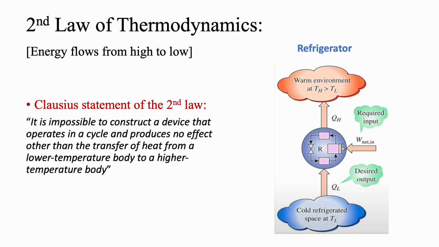In order to maintain a cold temperature in the fridge space, we need to transfer the heat from the refrigerator compartment to the outside atmosphere, which in this case is a high temperature reservoir. And since we know that energy flows spontaneously by nature from high to low, we need to add work to the system to perform in the opposite direction, which follows Clausius' statement.